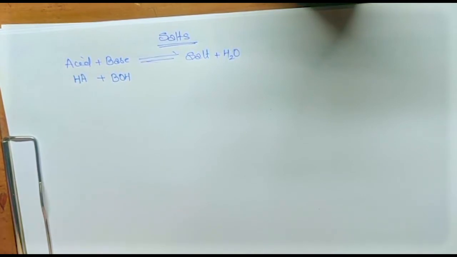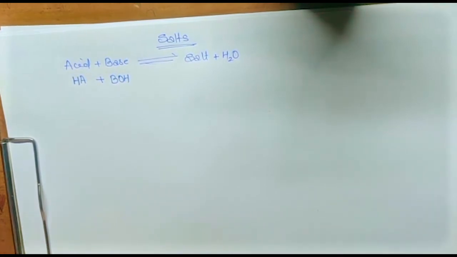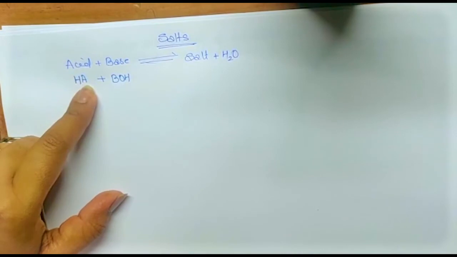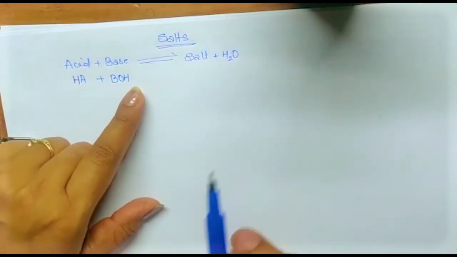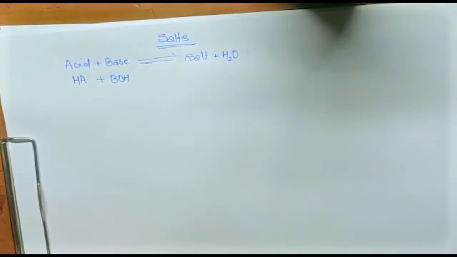For now, just understand this. So H plus is written first and then A minus, and OH has a minus charge, so it is written after B. Got it? Hope it is clear.